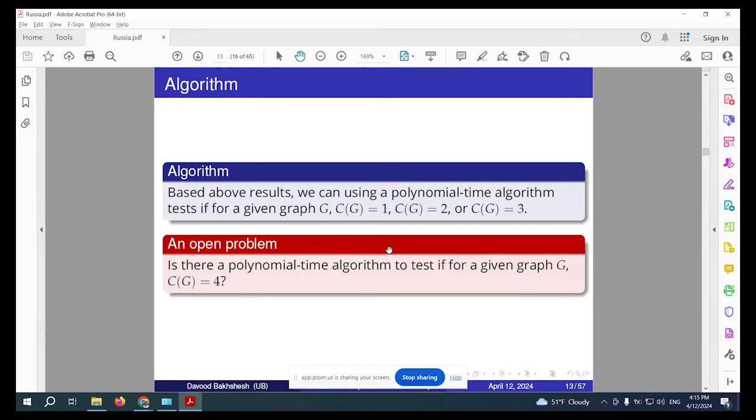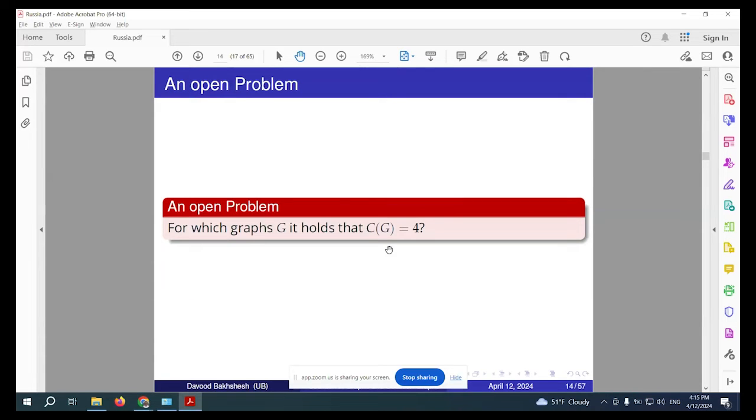Another open problem posed by Haynes and others is: is there a polynomial time algorithm to test for a given graph G whether C(G) is equal to 4? In the next slide we will discuss this problem, but this problem is still open.